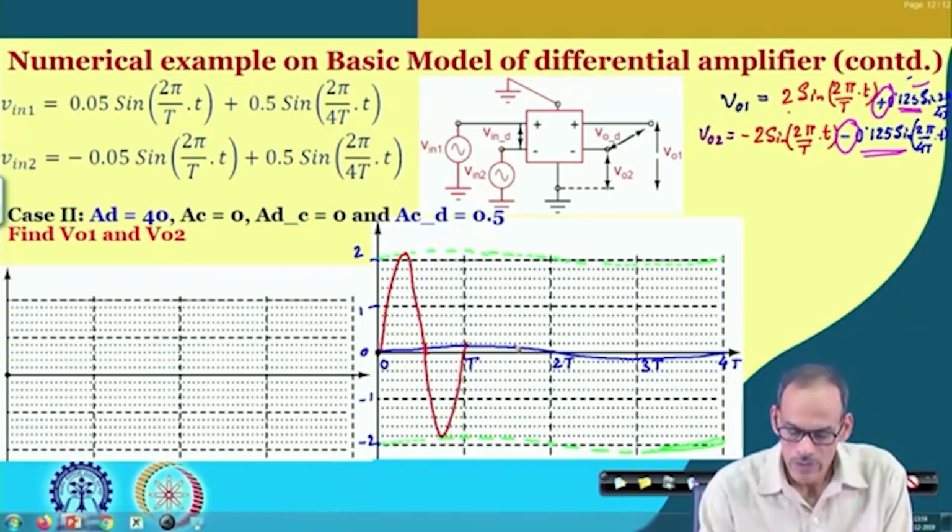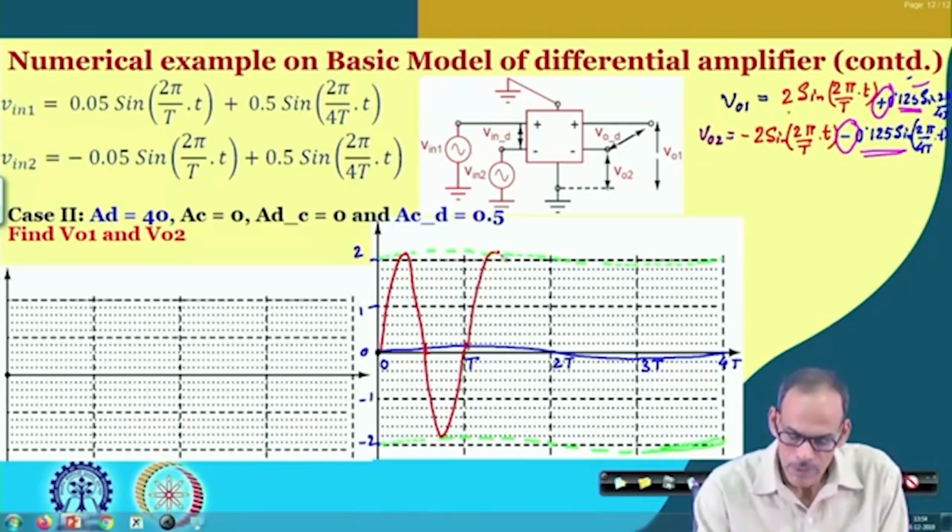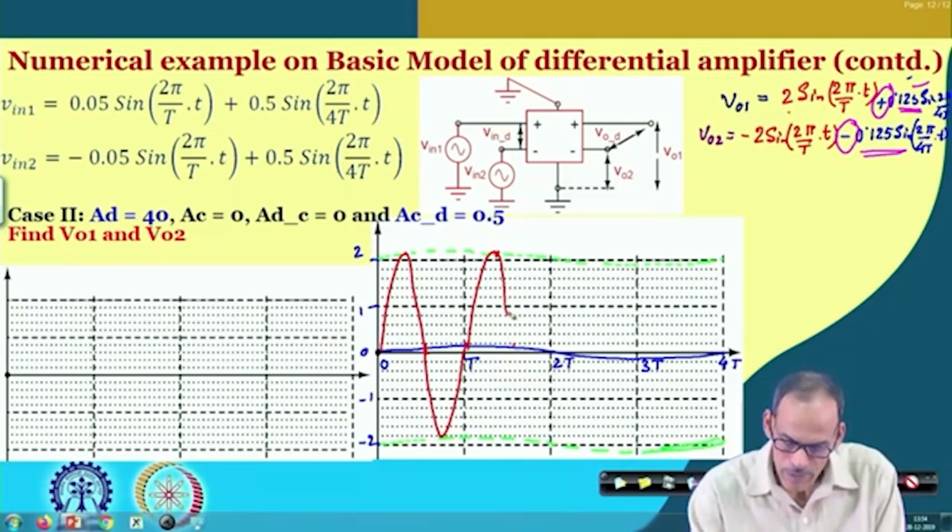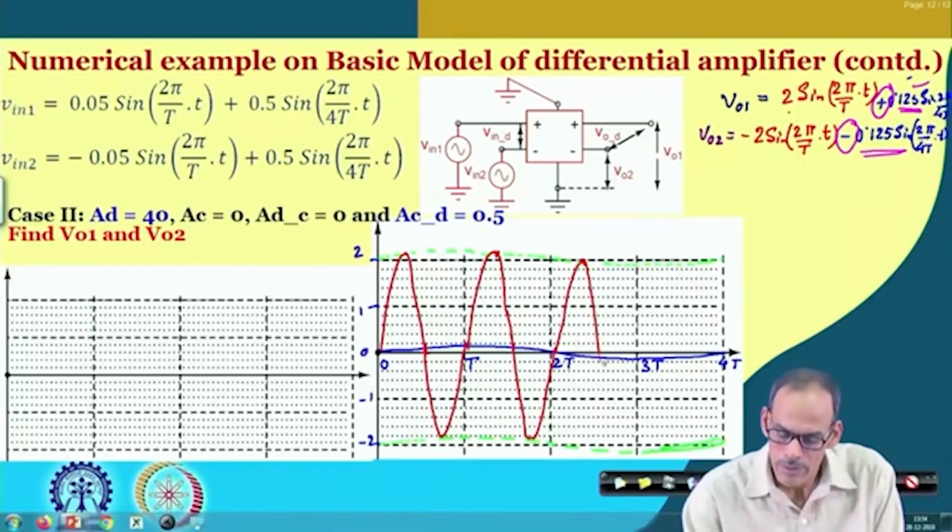Right, and then again here it is coming up, going to this green line, and it goes on like this.